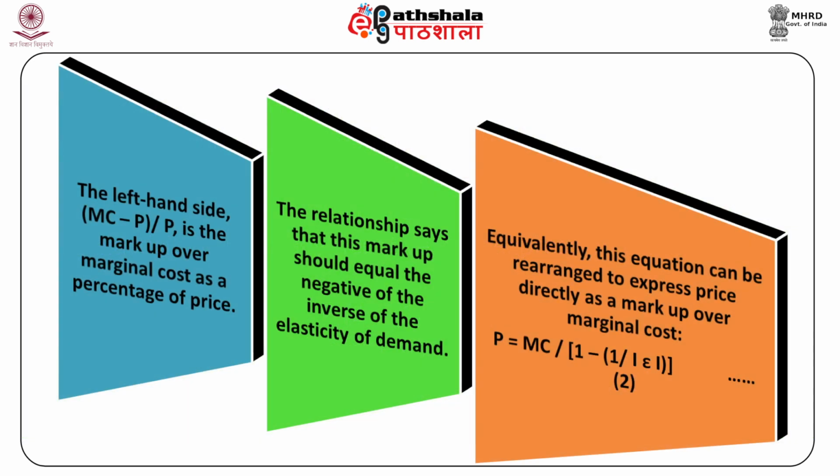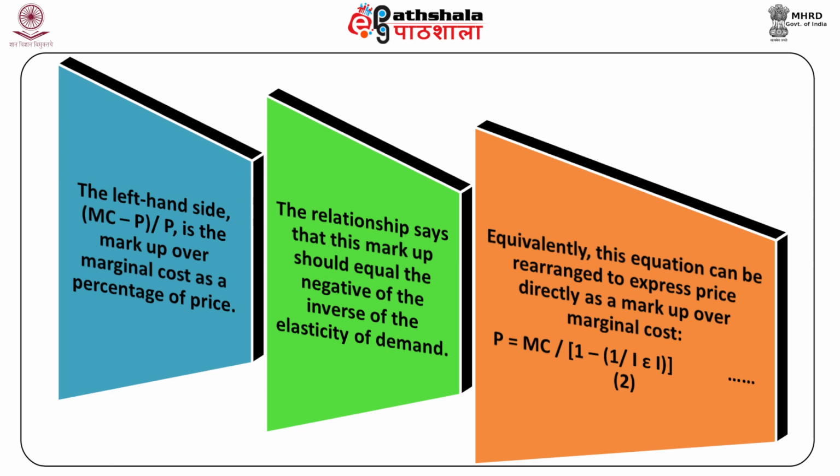In the above equation, the left hand side, (P − MC)/P, is the markup over marginal cost as a percentage of price. The relationship says that this markup should equal the negative of the inverse of the elasticity of demand.